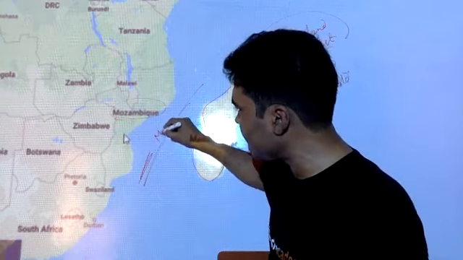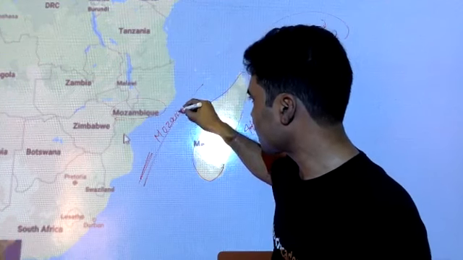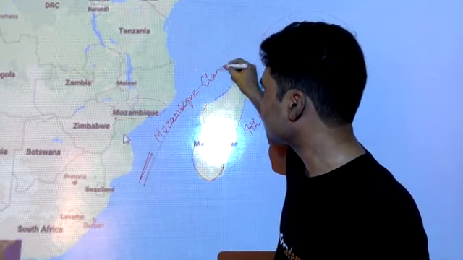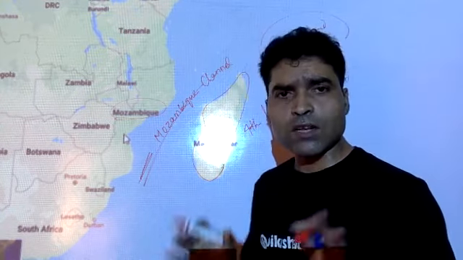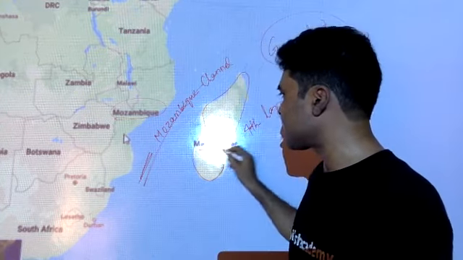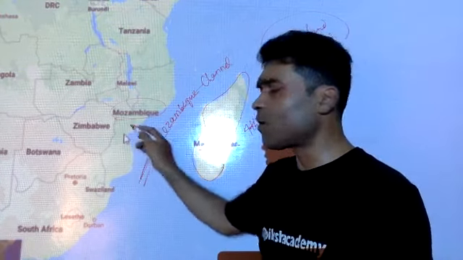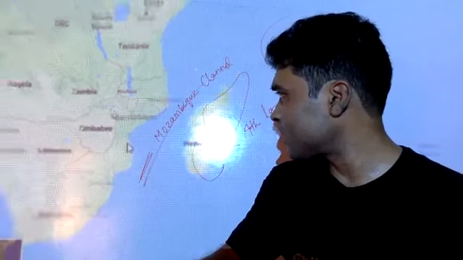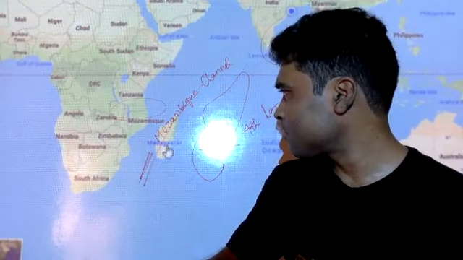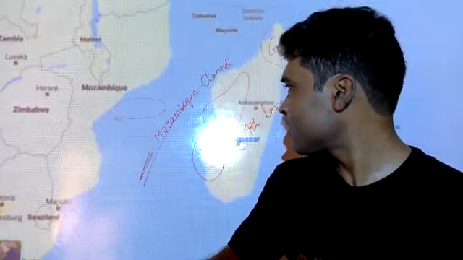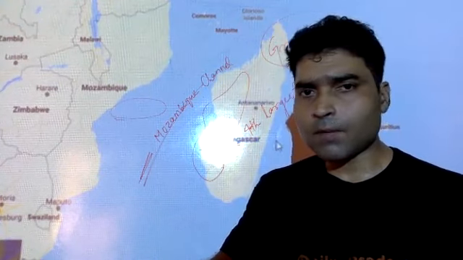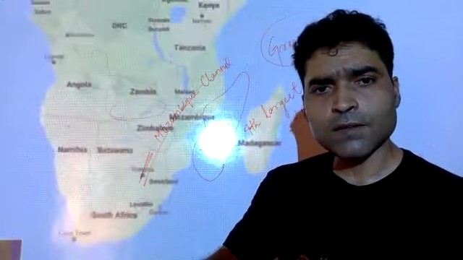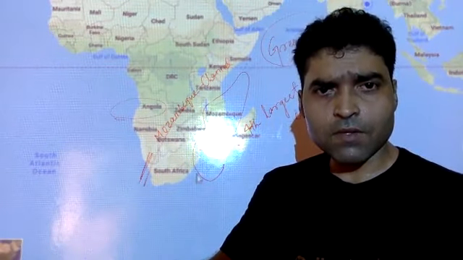So the Mozambique Channel, a water channel, separates Madagascar from Africa or Mozambique. This point to be clear. I will show it right now. You just see, this is Madagascar, right? And it is separated by Mozambique Channel, you can see. I think you are clear now.